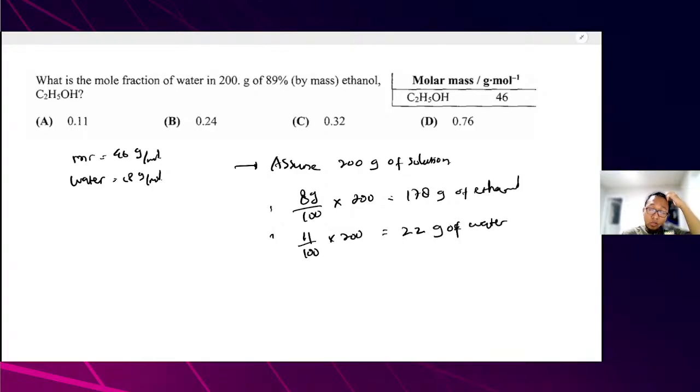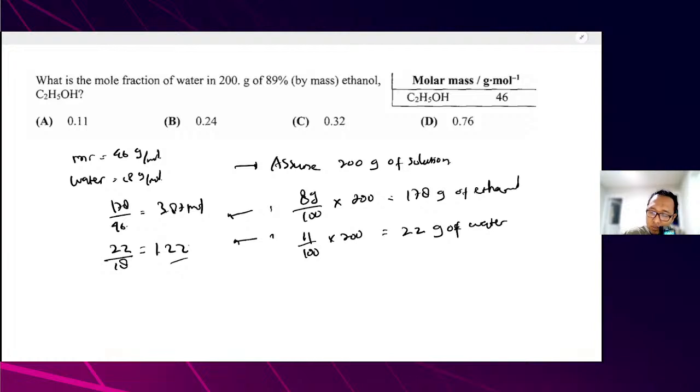So assume we have 200 gram of solution, so 178 is ethanol, 22 gram is water. Now let's convert one by one to moles. 178 divided by 46, it will be 3.87 mole. How about this one, 22 divided by 18, so it will be 1.22.